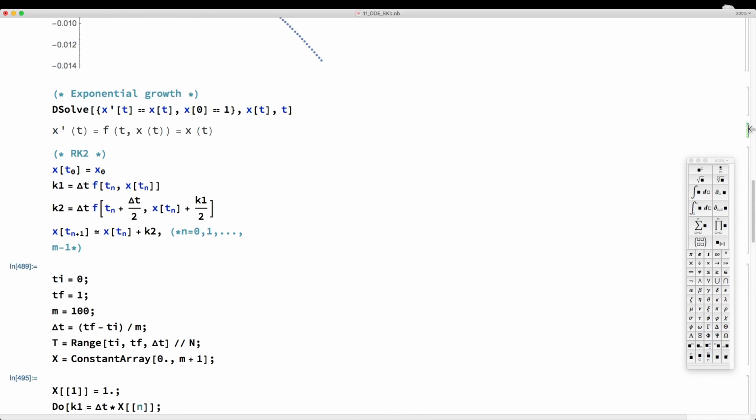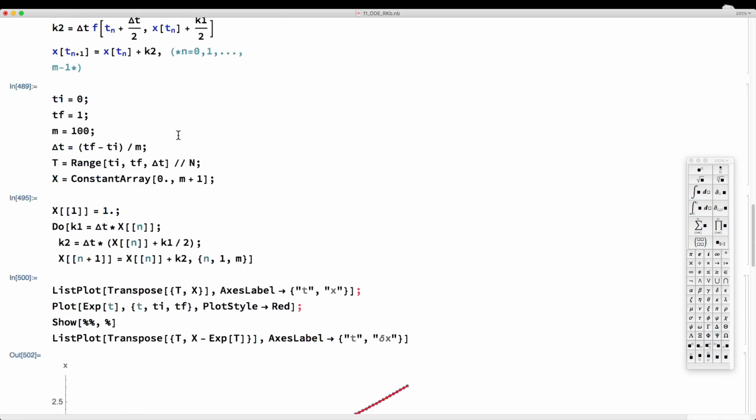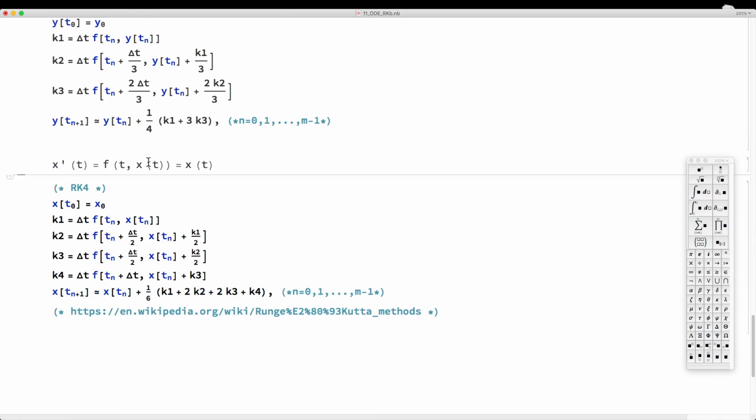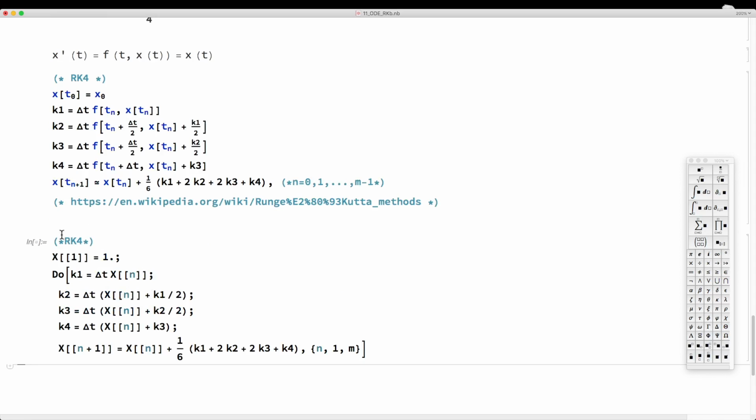So again, for the same reason as before, if we try this for this exponential differential equation, x prime equals x, then you immediately deduce that f of t and x is x. So let's try and implement this. So we can write down the implementation basically. So this is the implementation of Rk4.